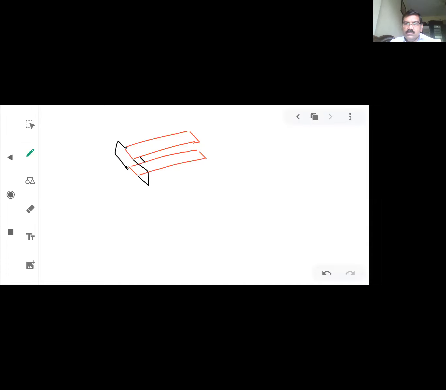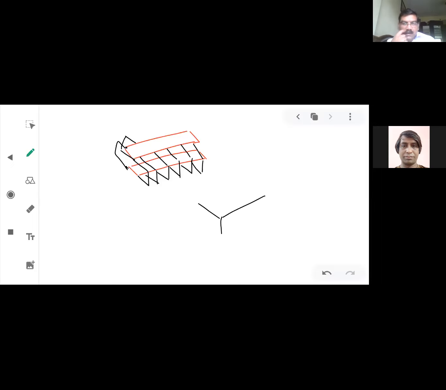So if I suppose have such a large number of these wires, and if the distance between each wire is reduced to 0, then what is going to happen? You will get a closed structure like this. Okay, this is what you are going to have at the end.